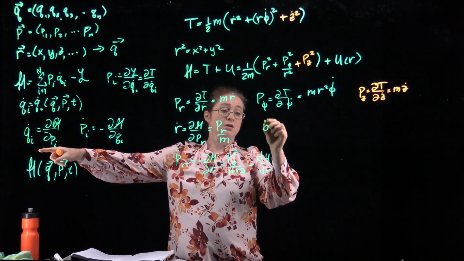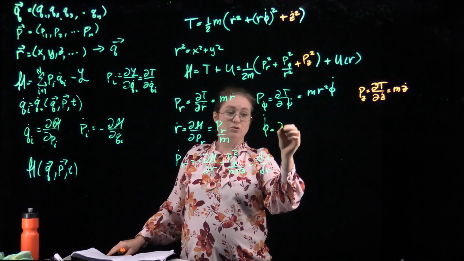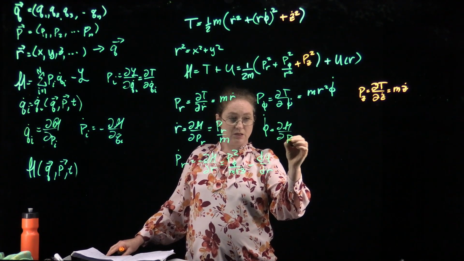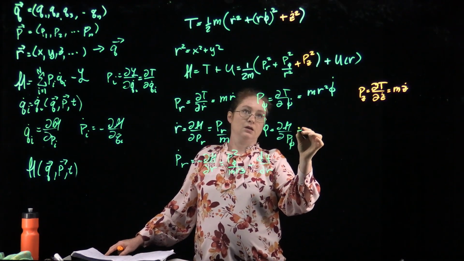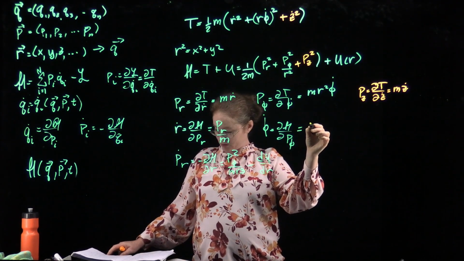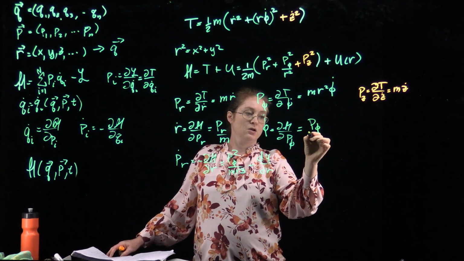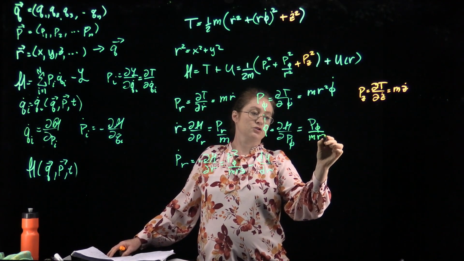Here, phi dot is equal to partial h partial p phi, and that works out to be p phi over m r squared.